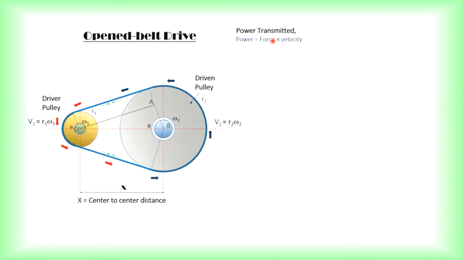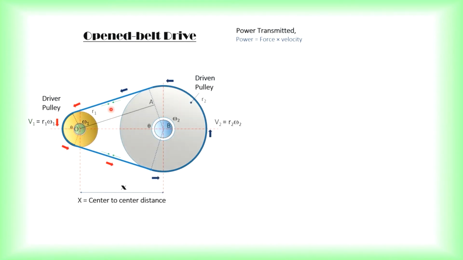So this force here usually refers to the effective tension. That means based on the tension on both sides. If this is rotating in anti-clockwise direction, this tension here should be T1, the tight side. And the tension on the lower side, when it is rotating anti-clockwise, should be T2, the slack side.